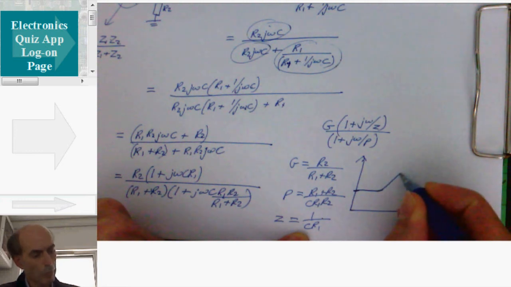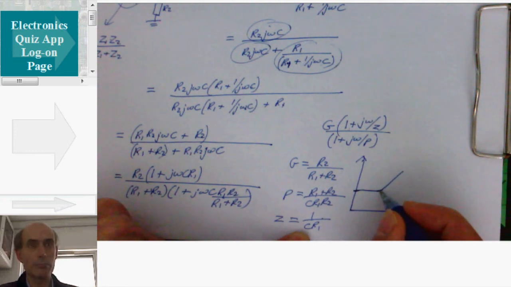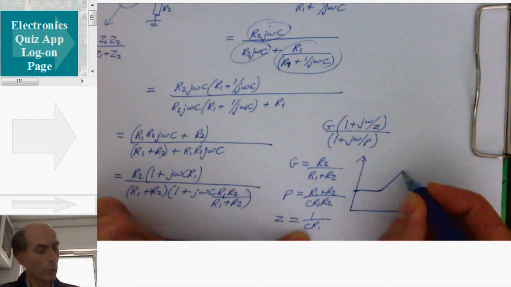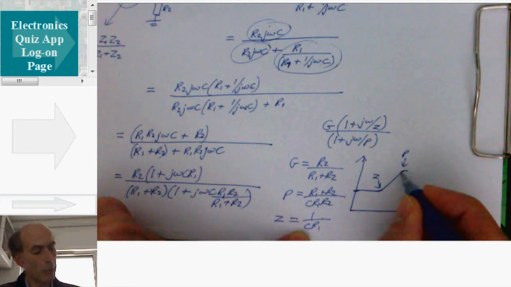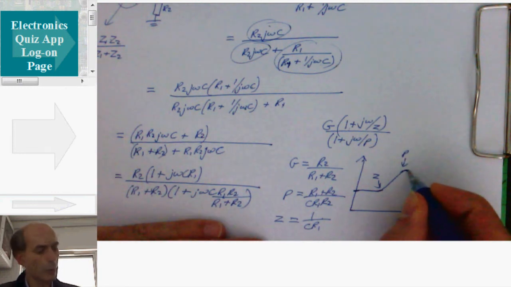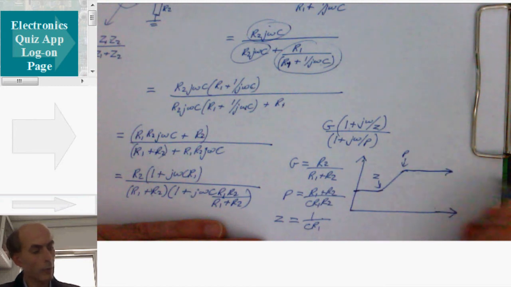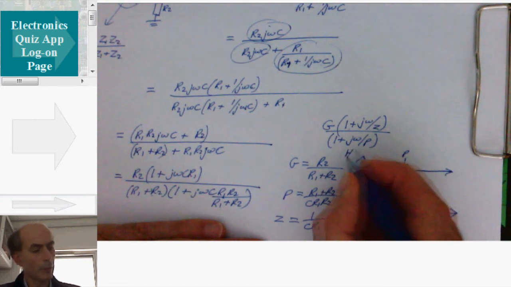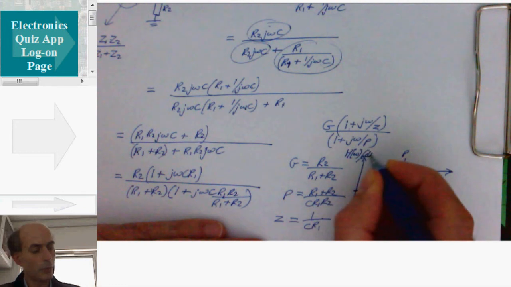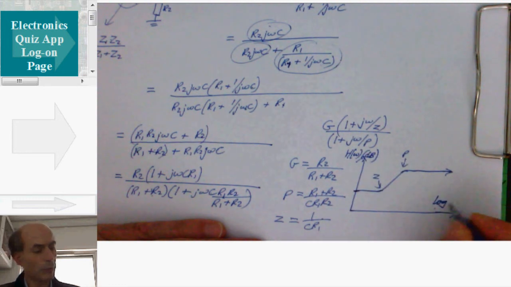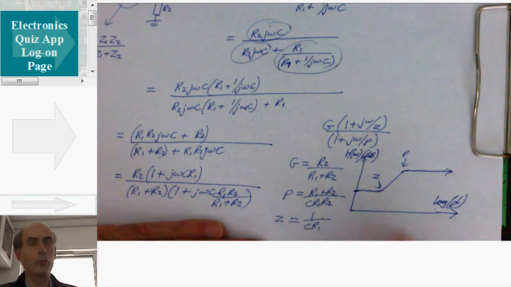We would bend up at 20 dB per decade until we got to the pole frequency, at which point we bend down at 20 dB per decade again, and carry on like that, in theory, for infinity. That's H of omega in dBs, and this is the log of the frequency, as usual for a Bode plot.